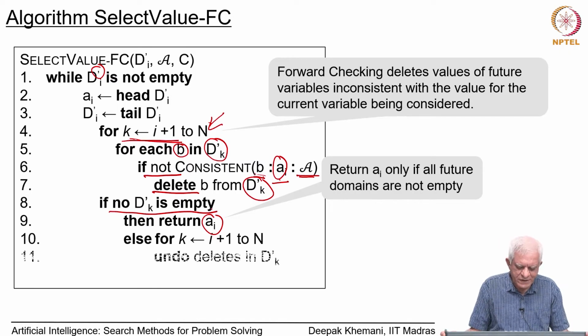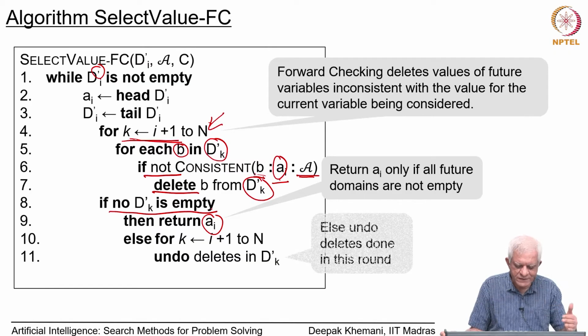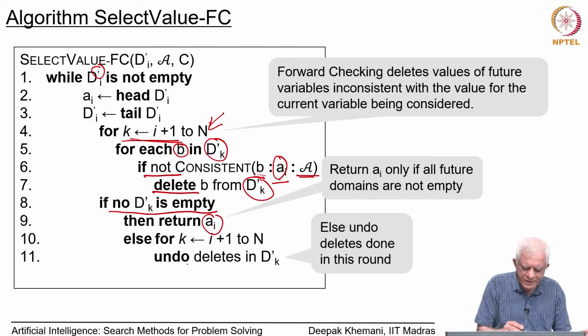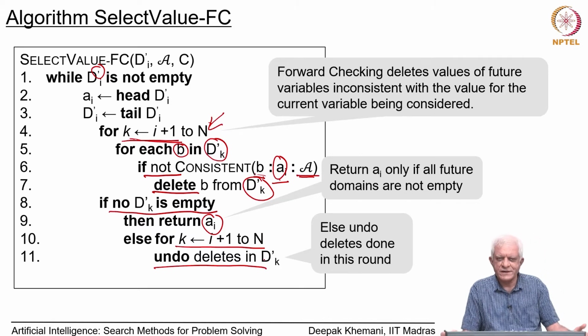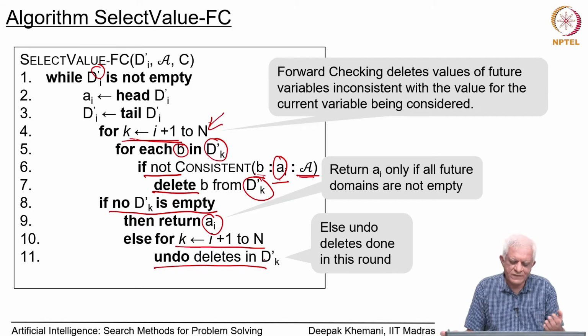If some domain is empty, which means that the first condition is not met, then you go and look at all those variables and undo the deletes that you did for those variables, resetting the values to the ones that were before you chose the value a_i.